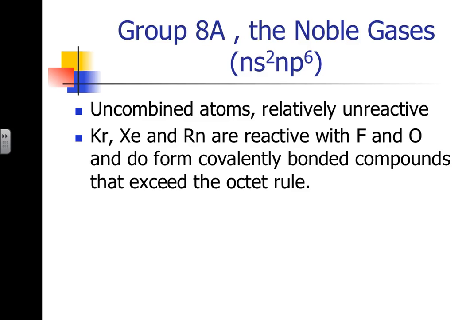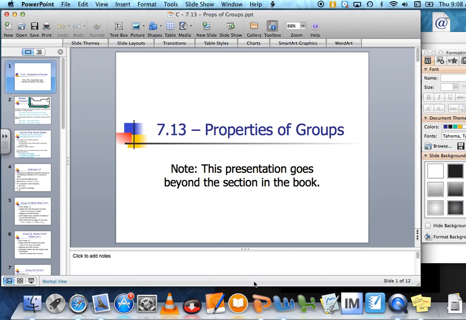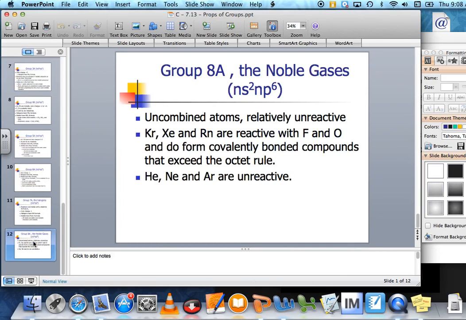Fluorine and oxygen will combine with them, and they will exceed the octet rule, which we will talk about later. So helium and neon and argon, relatively unreactive.